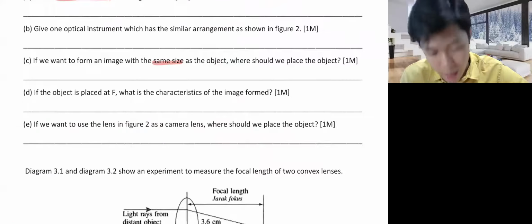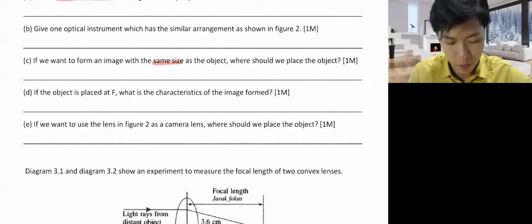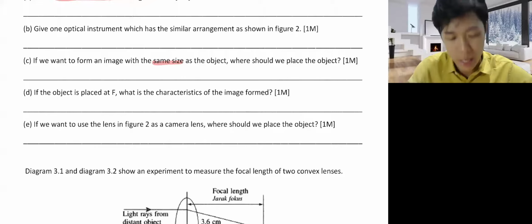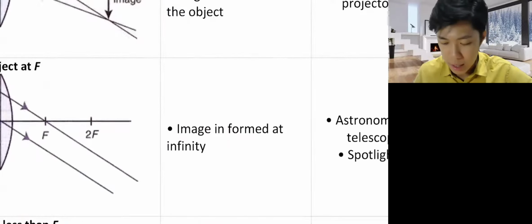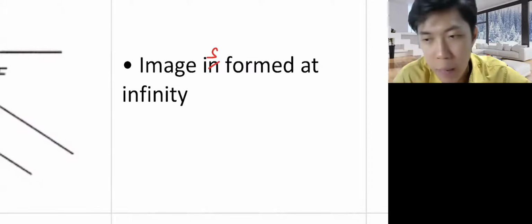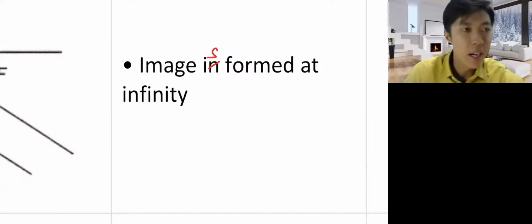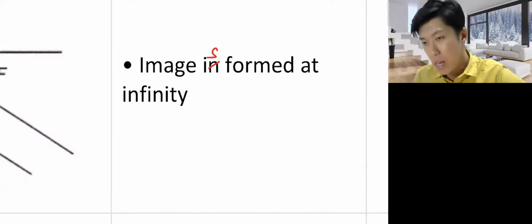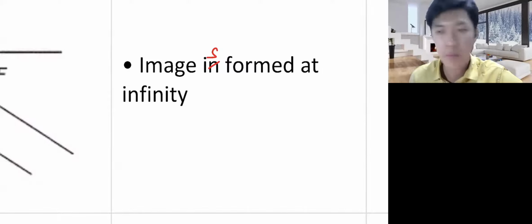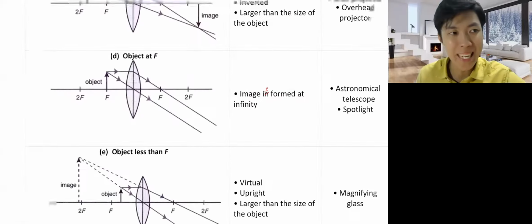Question says at F, right? At F, not moving forward to less than F, so it's only at F. So your answer is image is formed at infinity. It's okay. That's correct.